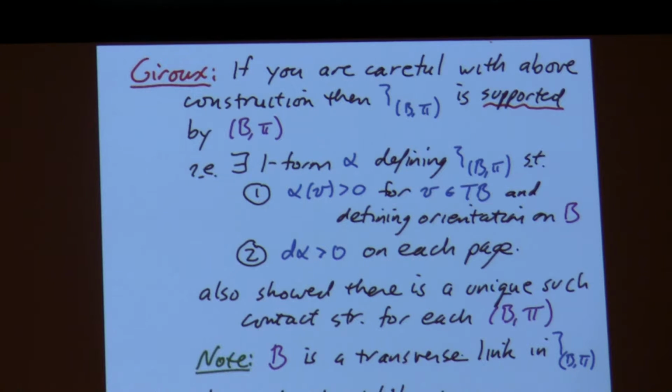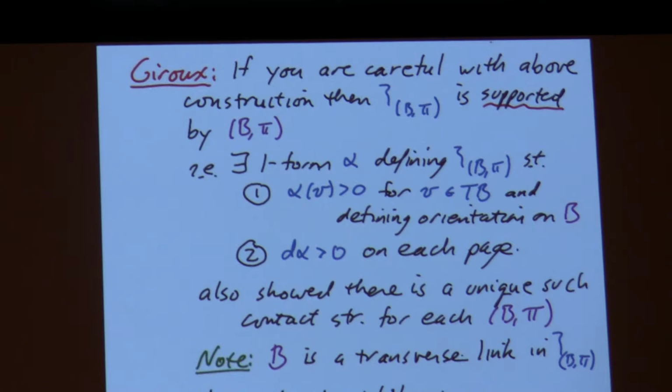With a little bit of work past what Thurston and Winkelnkemper did, once you have Giroux's definition, you can show that there's really a unique contact structure supported by a given open book. Moreover, you can easily see from our construction that the binding itself is a transverse knot in that contact structure.